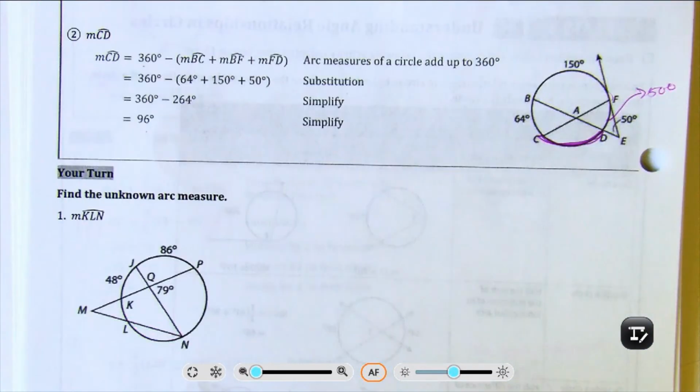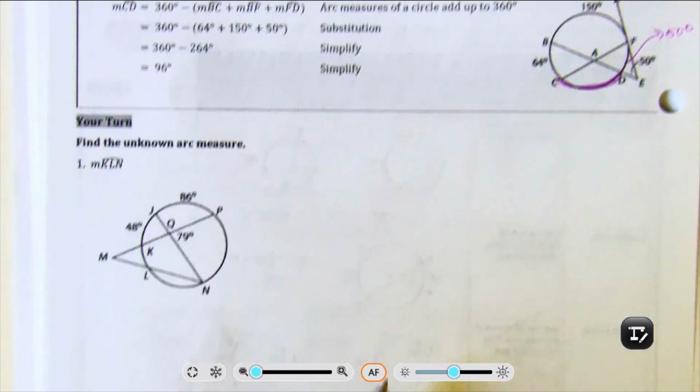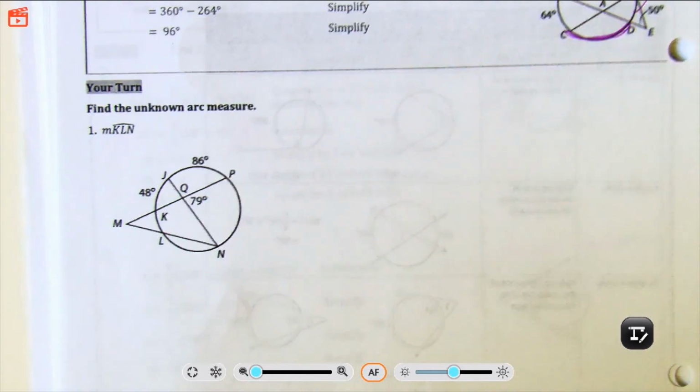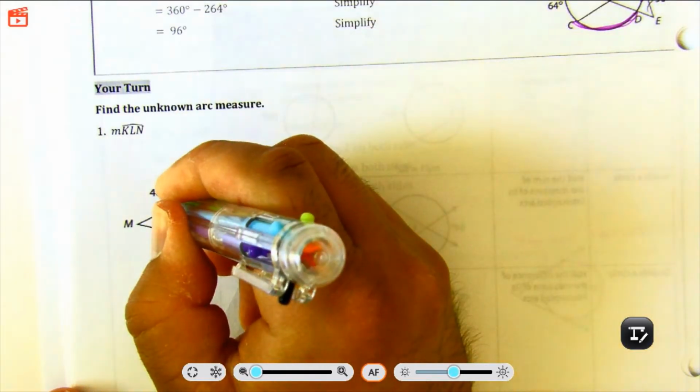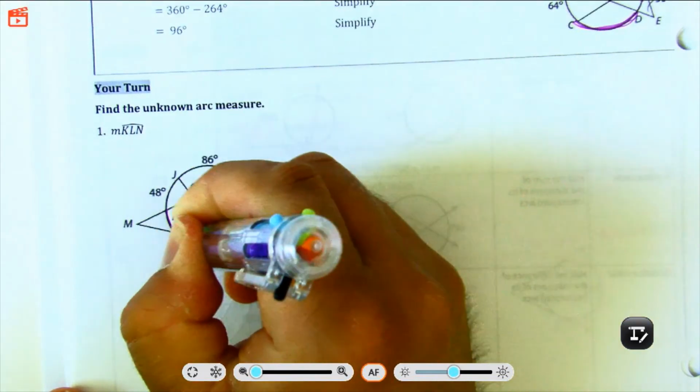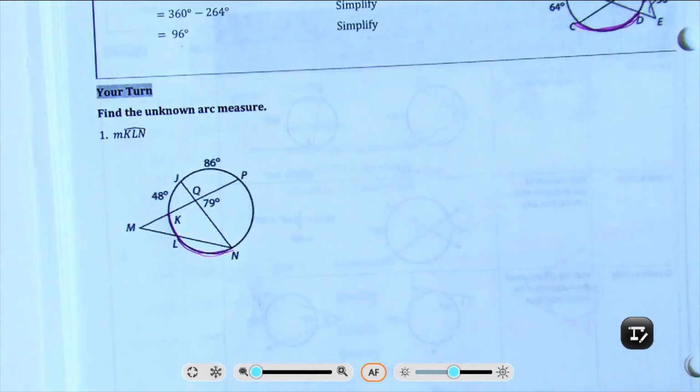Okay, now let's look at one more problem. Find the unknown arc measure. What we want to find out is the measurement of arc KLN. Again, let's highlight where that is located, from K to L to N. When looking at this problem, I'm trying to find out which angle I could use to find the arc.